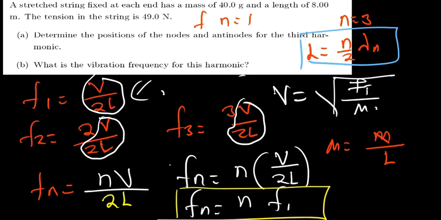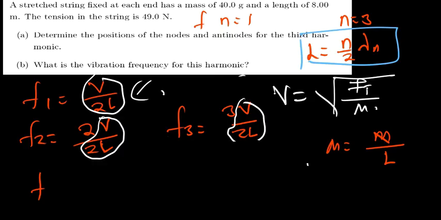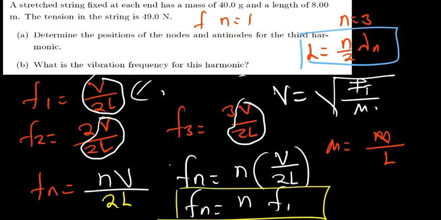Now in this case, we are not interested in this. If n is equal to 3, I'm going to start from this part here.